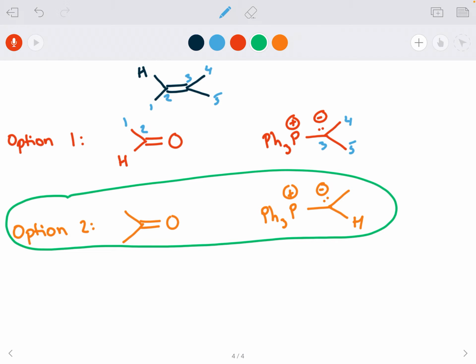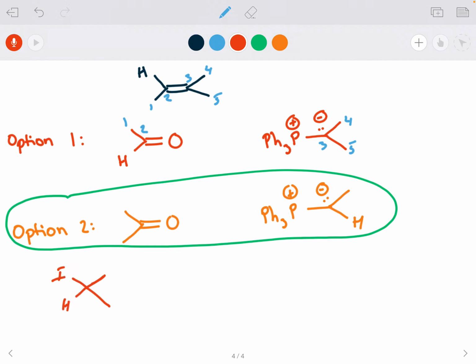Because remember, when I'm forming my ylide, it's an SN2 mechanism. So in option 1, my iodide would be secondary. Right? If I were to draw this sideways, I'll draw it sideways so it's more similar to what we have here.